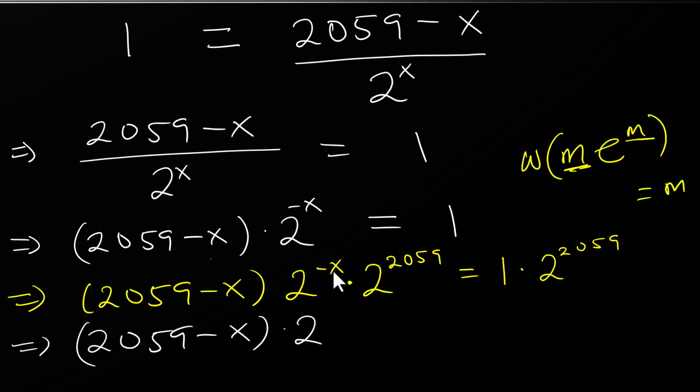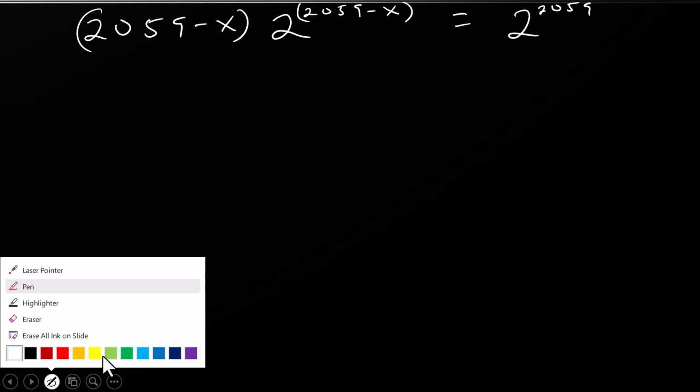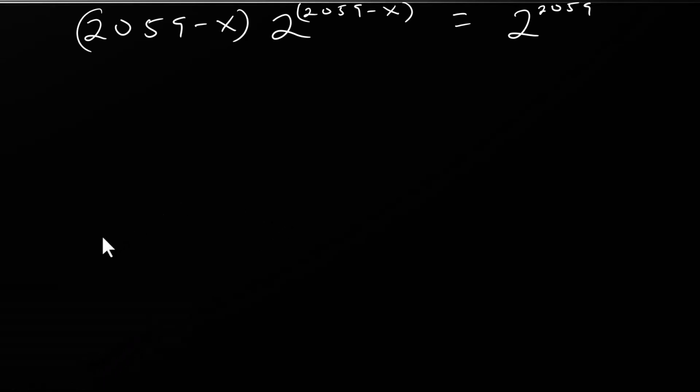So 2059 plus minus x will be 2059 minus x equals this time, 2 to the power 2059. As simple as that. Okay, so we have 2 to the power 2059.